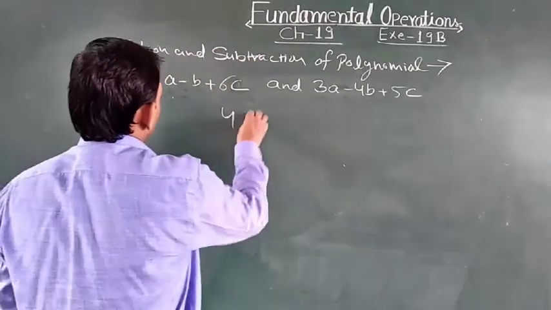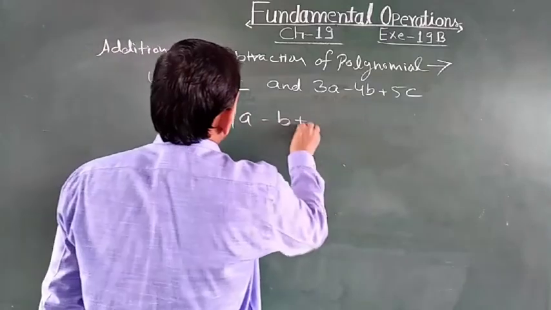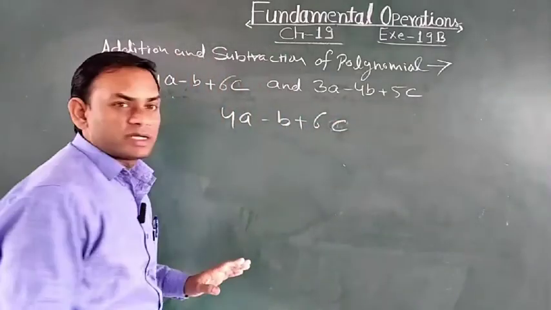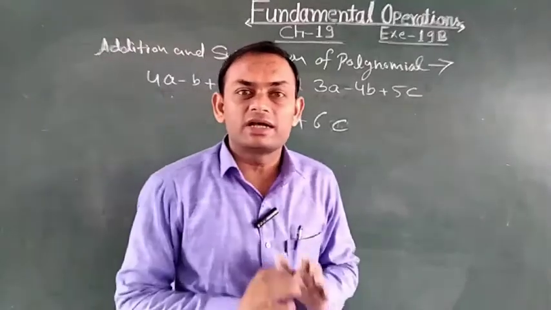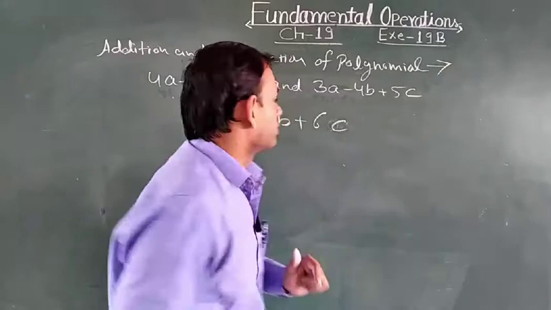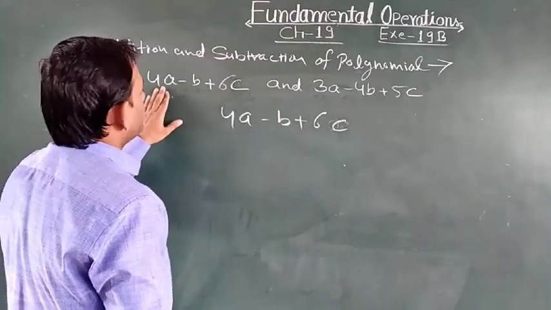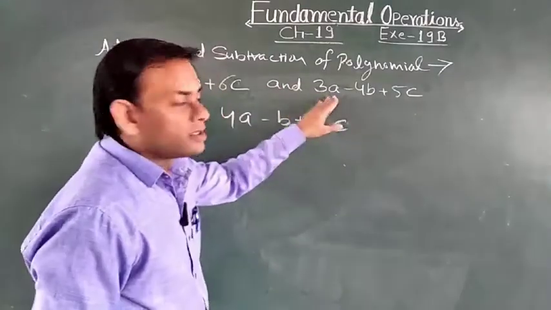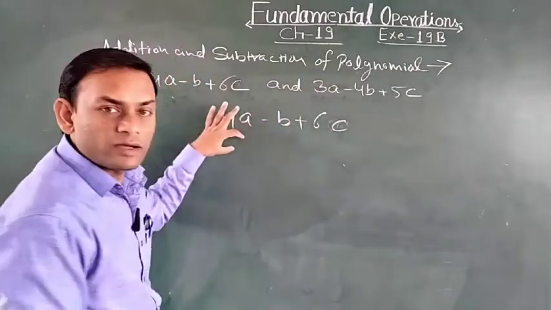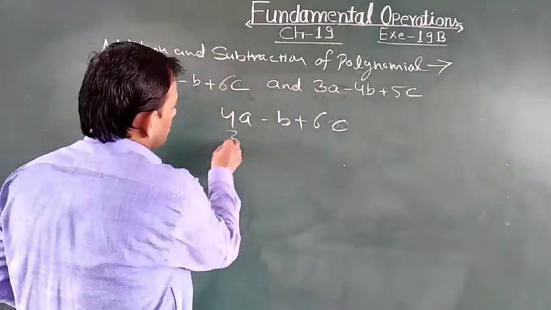Like 4a minus b plus 6c. But remember that we have to write the like terms in a single column, the same column. You can see here this is the 4a and this is the 3a. Both are like terms, so you will write the 3a below the 4a. Got it?